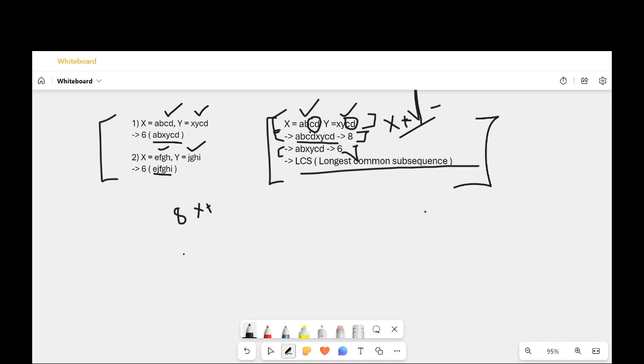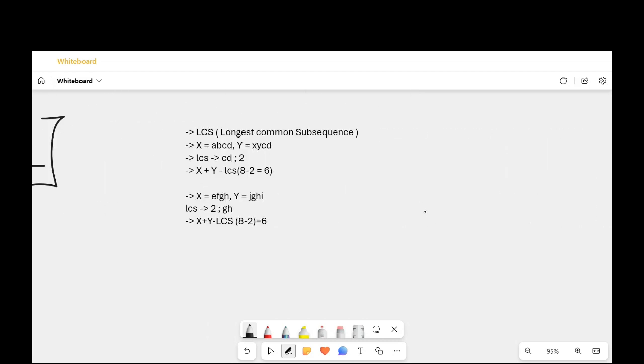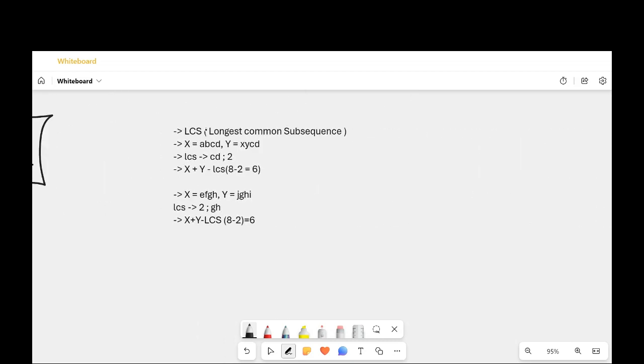So for example, we have this, and this is what I've explained. We have X and Y, and the LCS is CD in this case. CD is the longest common subsequence, and that is of length 2. So we will add both their lengths, because that is one of the valid super sequences that we can have, and subtract this LCS value in order to get the value 6, which is our answer.